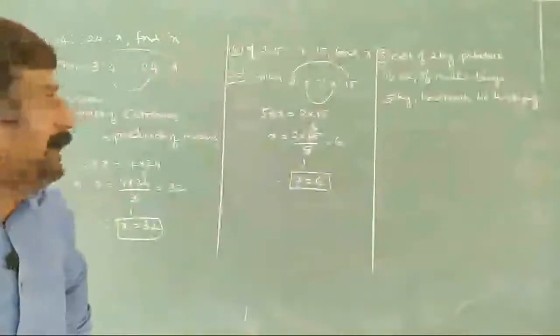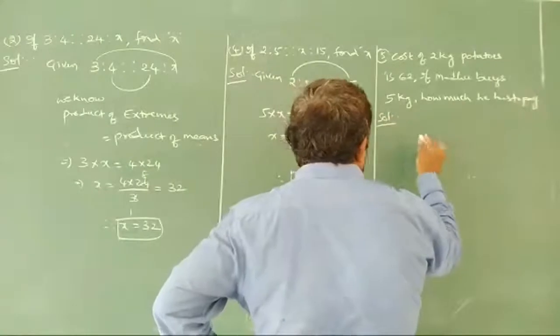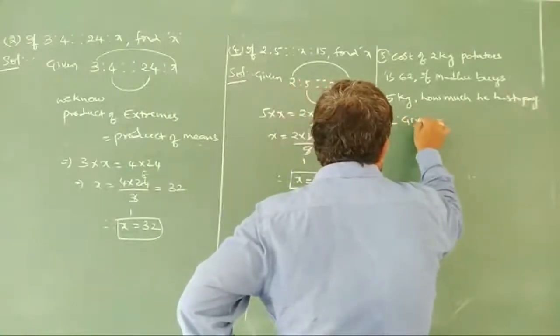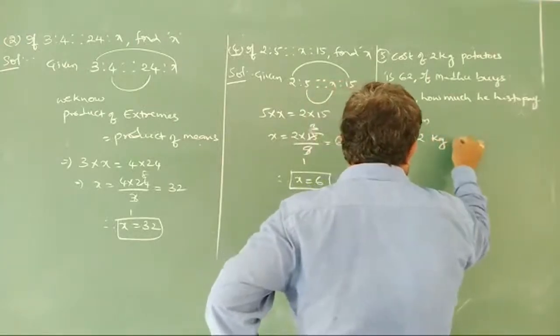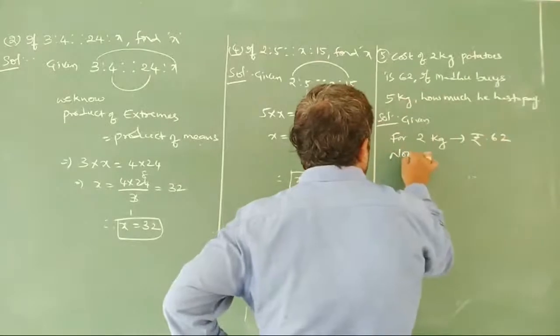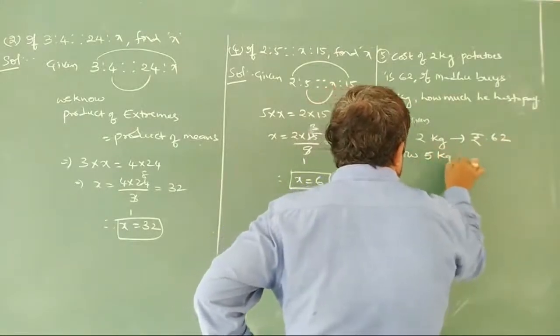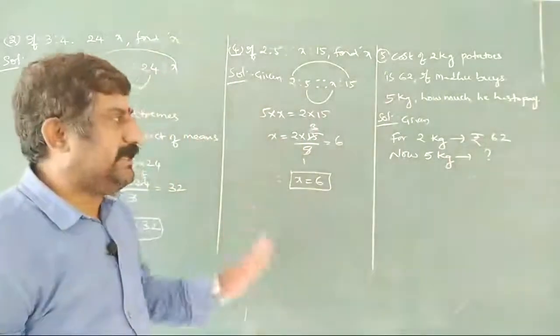What is given? Cost of 2 kg potato is 62 rupees. Same proportion condition we'll use here. For 2 kg it is rupees 62.